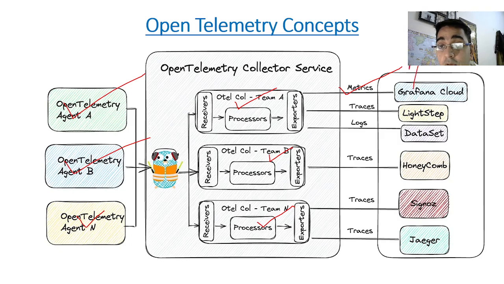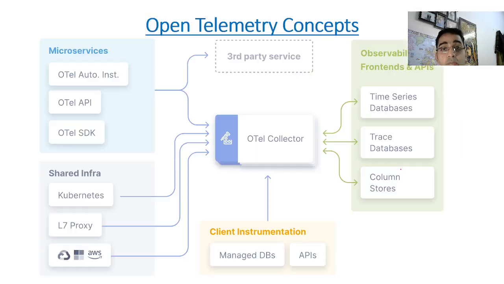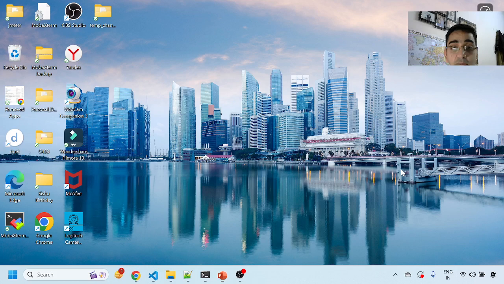In this case, they are sending metrics to Grafana Cloud, traces to Lightstep, and logs to Dataset. You can use any other database also. For traces, you can use Jaeger, Zipkin, or Tempo, and for logs, you can use Elasticsearch or Loki, right? And you can send traces to SigNoz or Jaeger. So this is what the figure is explaining.